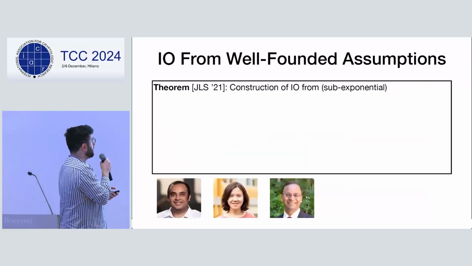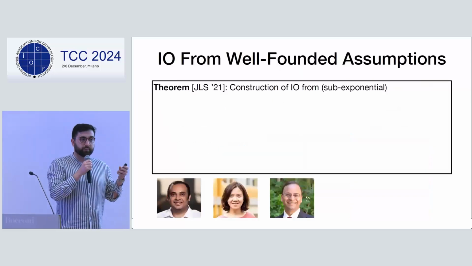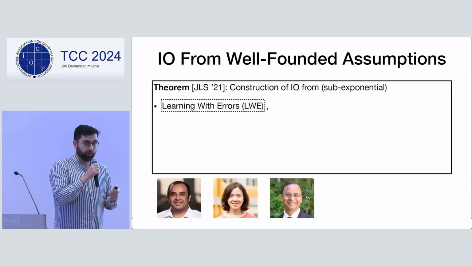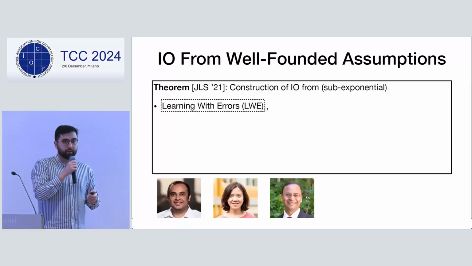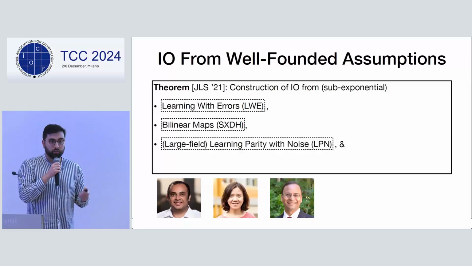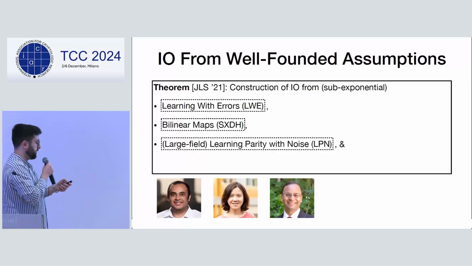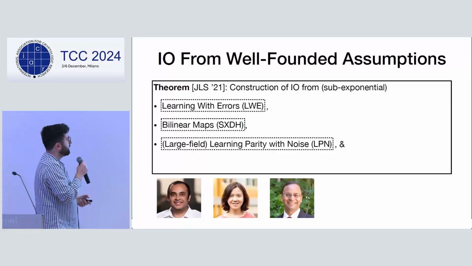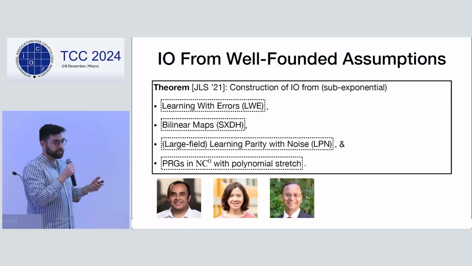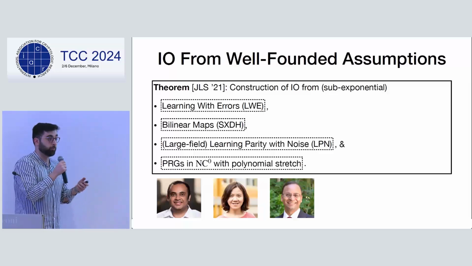Specifically, JLS 2021 constructed indistinguishability obfuscation from four assumptions. One being the learning with errors assumption, the second being a certain bilinear maps assumption, the third being large field LPN, learning parity with noise, and the last assumption being the existence of pseudorandom generators, or PRGs, in NC0 with polynomial stretch.